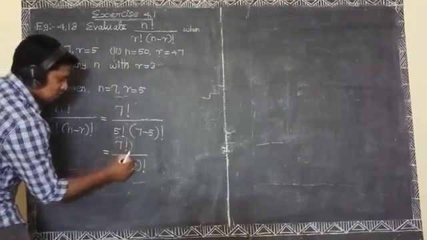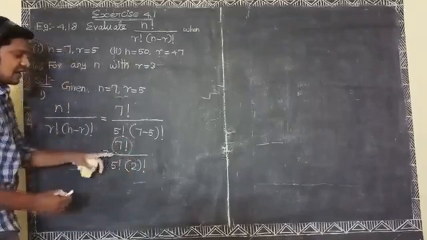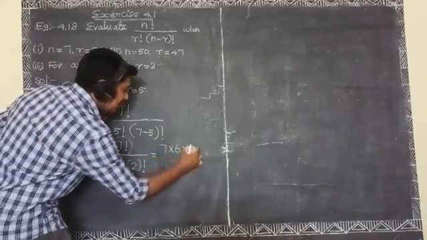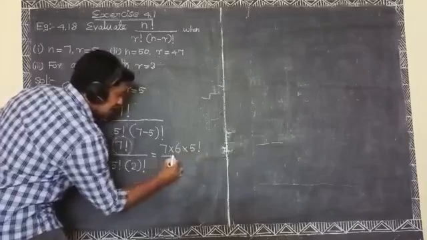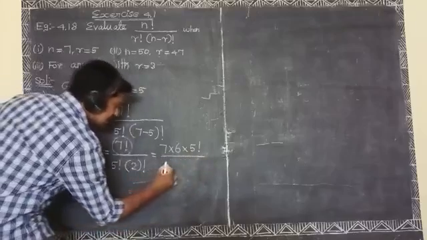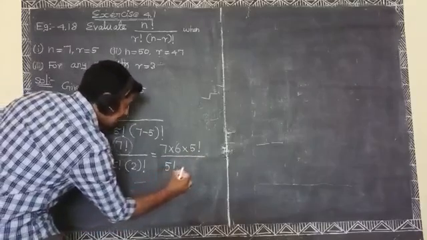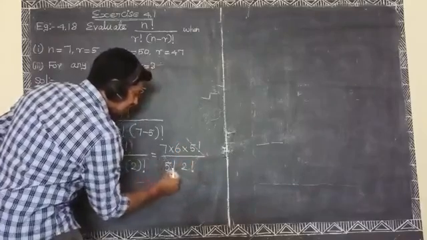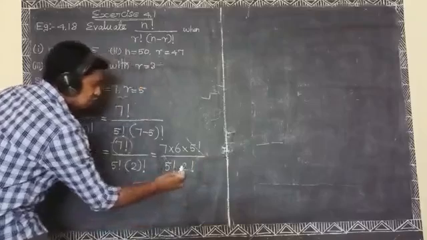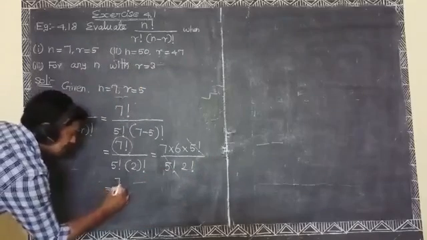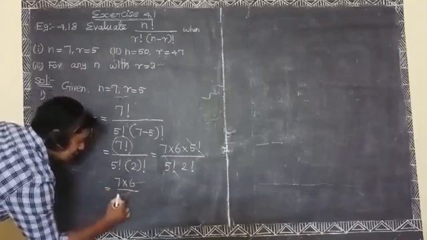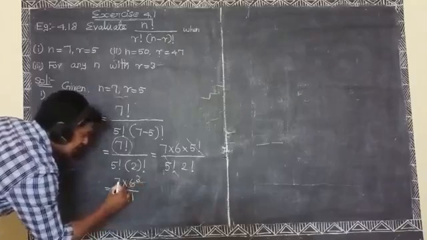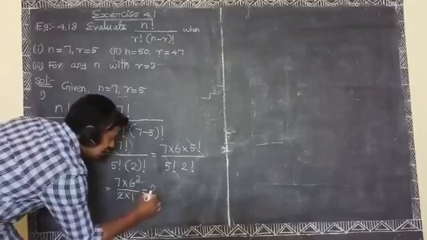The numerator 7! can be rewritten as 7 × 6 × 5!, and the denominator does not change. The 5! is cancelled, then the denominator 2! is 2 × 1, so 7 × 6/(2 × 1). The 2 and 6 cancel, we get 3, and 7 × 3 is equal to 21.